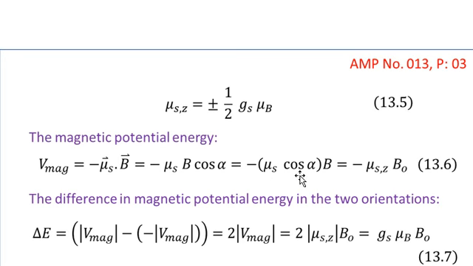This mu s cos of alpha gives you the z component of mu s, and can simply be written as mu s comma z, the z component of the spin magnetic moment, and then you have B as B naught. So you see that the magnetic potential energy Vmag is equal to minus mu sz times B naught, as shown in equation number 13.6.